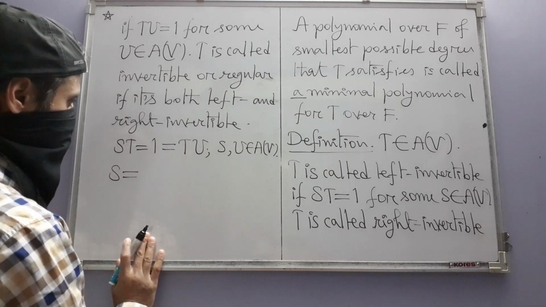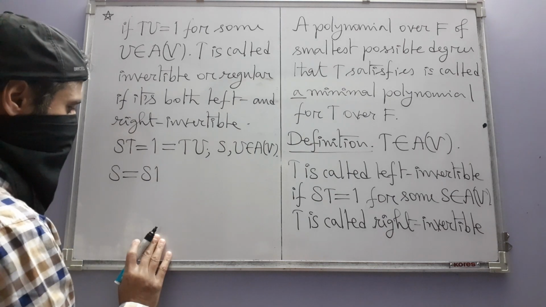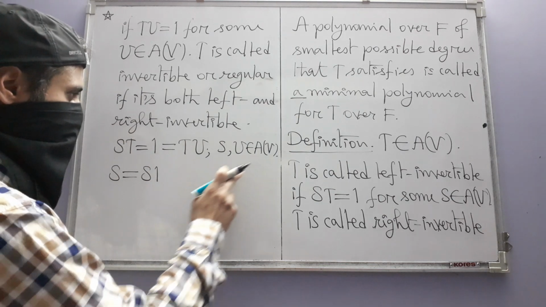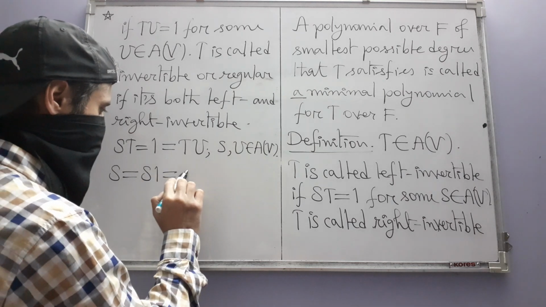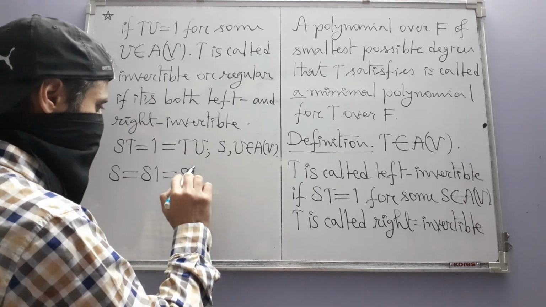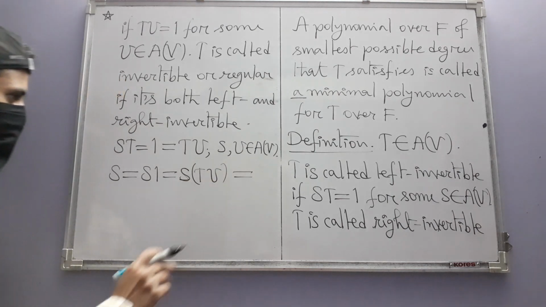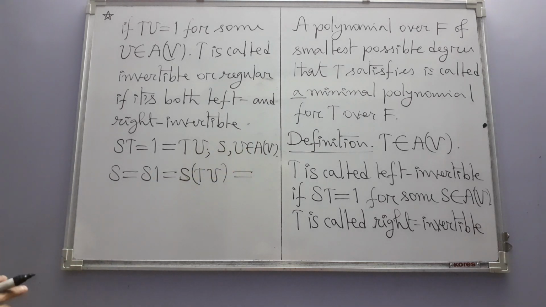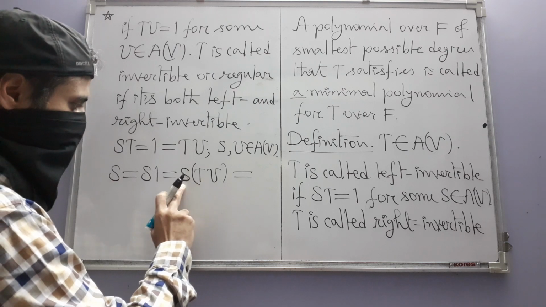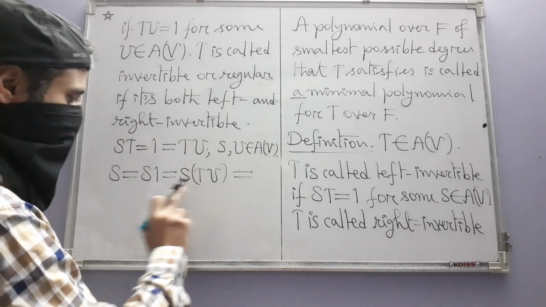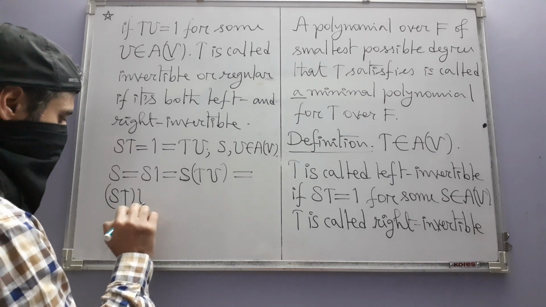In place of S, you can write S1, of course, because 1 is after all a unit element in this ring. Now, in place of 1, you can write TU. Because our algebra is associative, or because we know that composition of functions is associative, you have this.